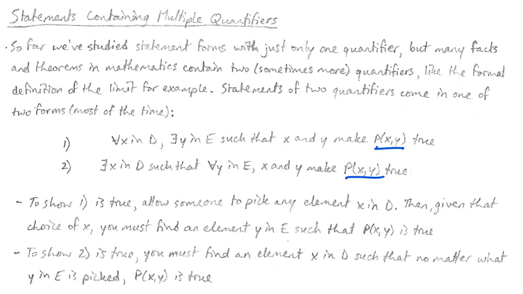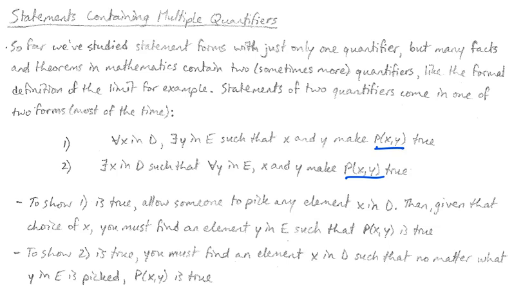Well, to show that number one is true, you would allow somebody else to pick any x value from this domain, capital D, that they want. Then, based on their choice of x, you would then choose a y value from the set capital E that would make your predicate p of x comma y true.